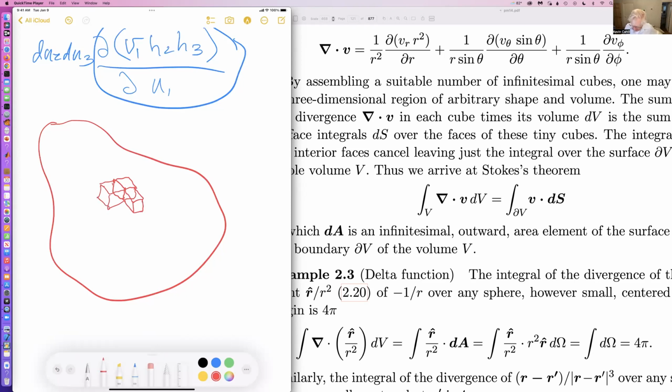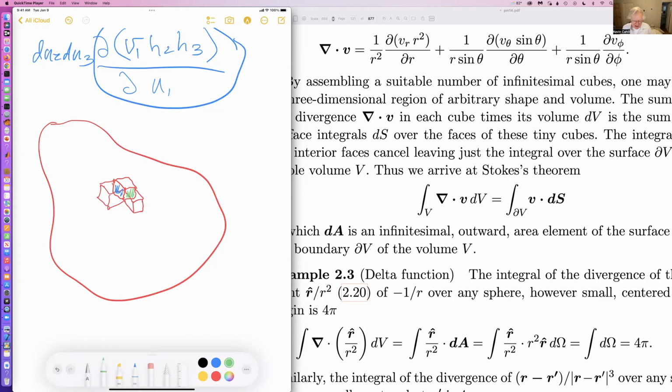What you can see happening here is that the outward-going face of the first cube has a surface integral that is canceled exactly by the surface integral over the second cube, because it's the same vector, regarded as going out in one case and going in in the other. The same thing holds for this face; those integrals cancel.